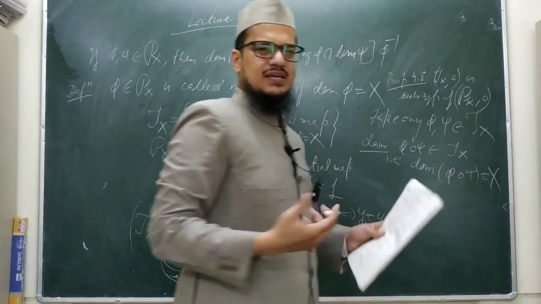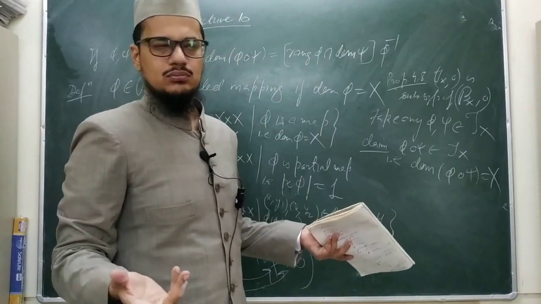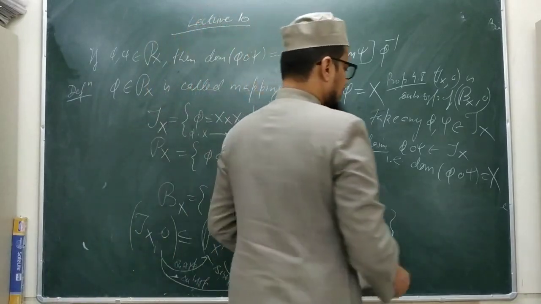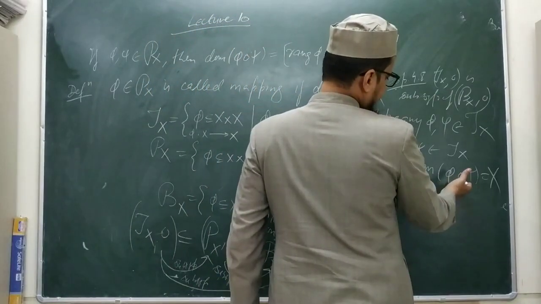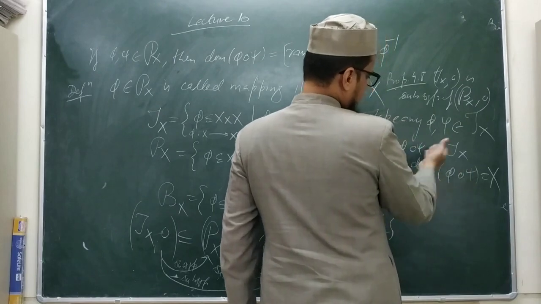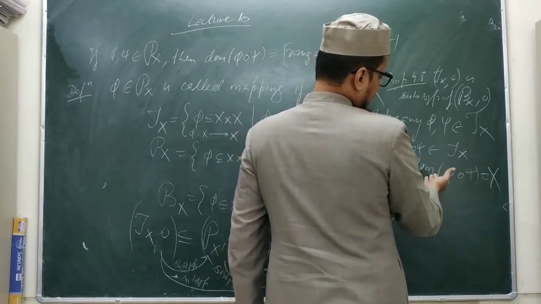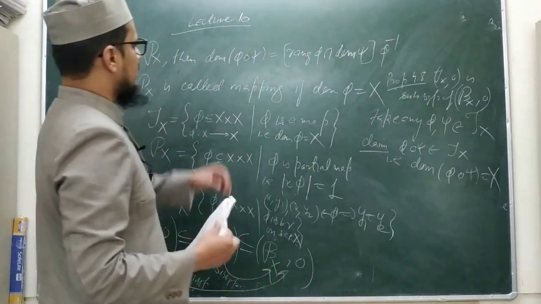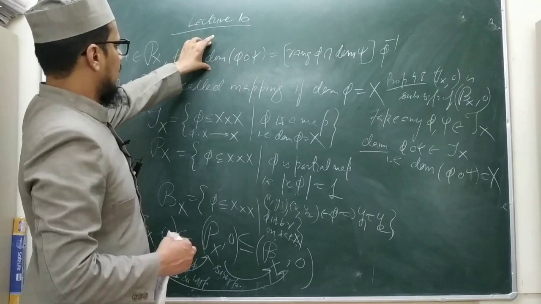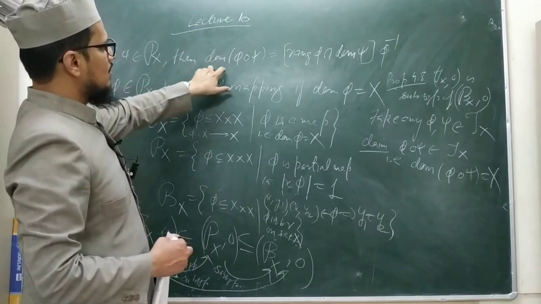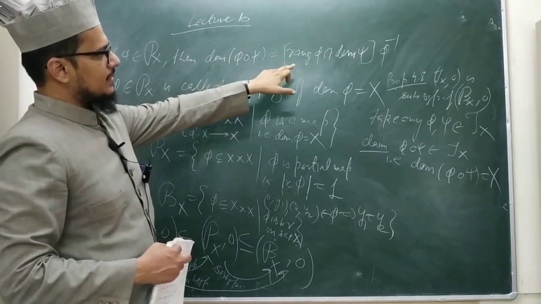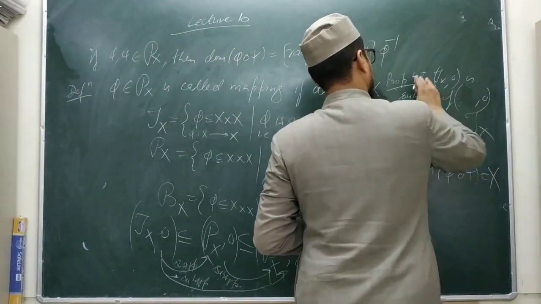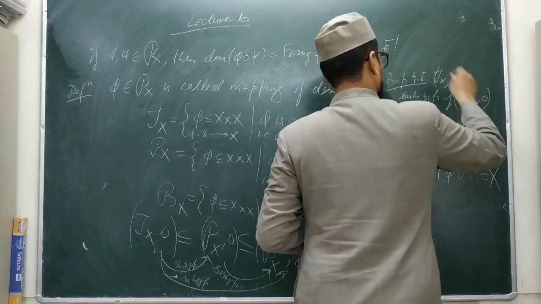In the place of bx, it can be px also. Tau x is a subsemigroup of px as well as bx both. Anyway, basically in order to prove phi composition psi is a map, we have to prove that domain of phi composition psi is x. We have already proved this theorem. That is domain of phi composition psi is equal to range phi intersection domain psi. First use this.